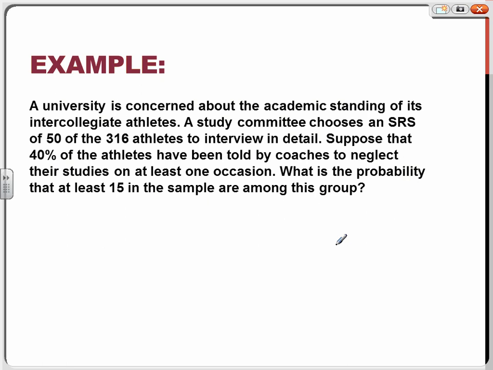So let's see. In order to get my standard deviation, I'm going to have to check the 10% rule. So let's go check that. How many were in my sample? 50 times 10 is 500.